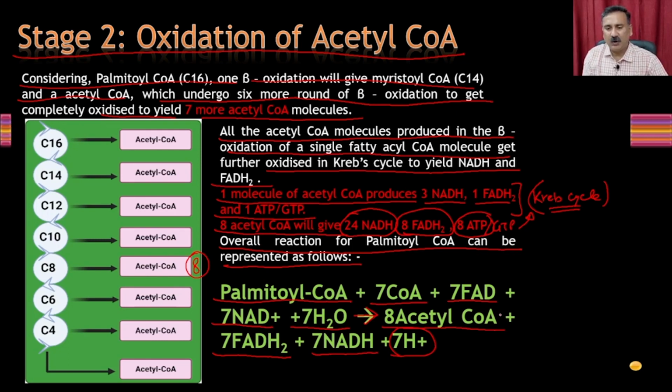This means all these 8 molecules of acetyl CoA are further going to give you more NADH and FADH2 in the Krebs cycle.